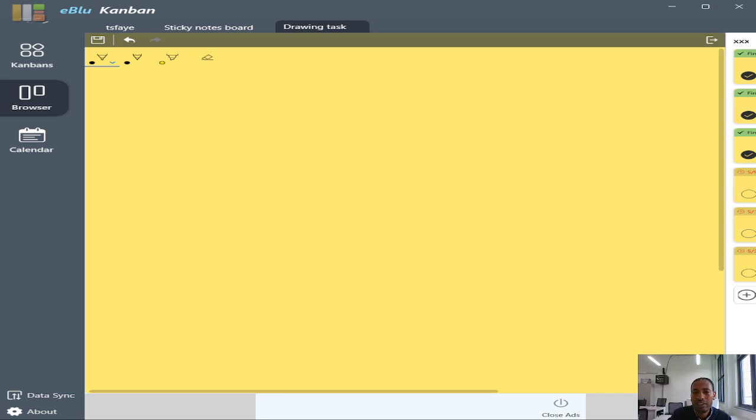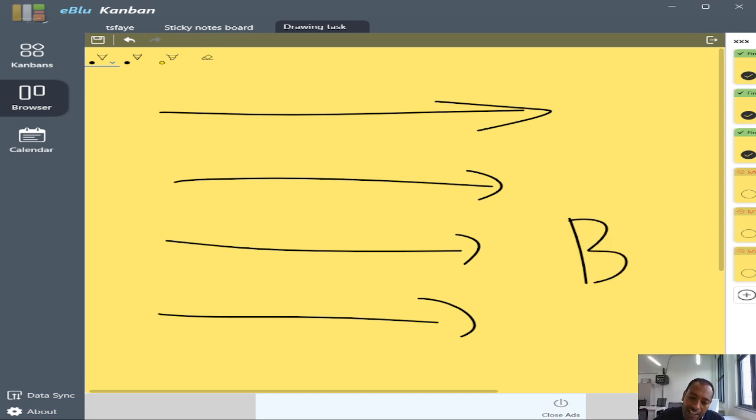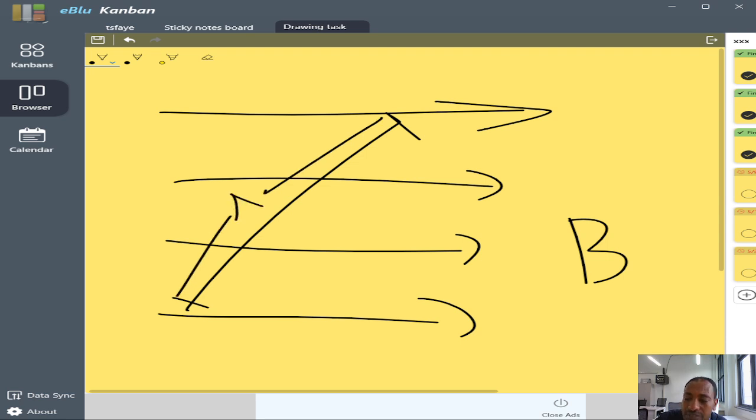For example, if we have a magnetic flux density B, and we place a conductor of length L inside this magnetic flux, this conductor experiences a force.